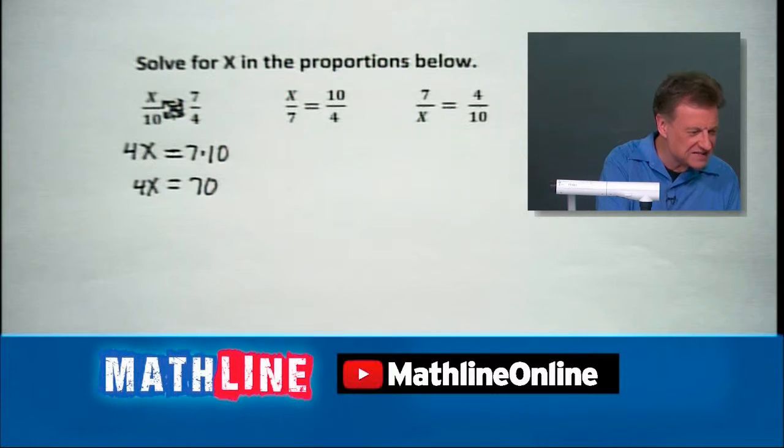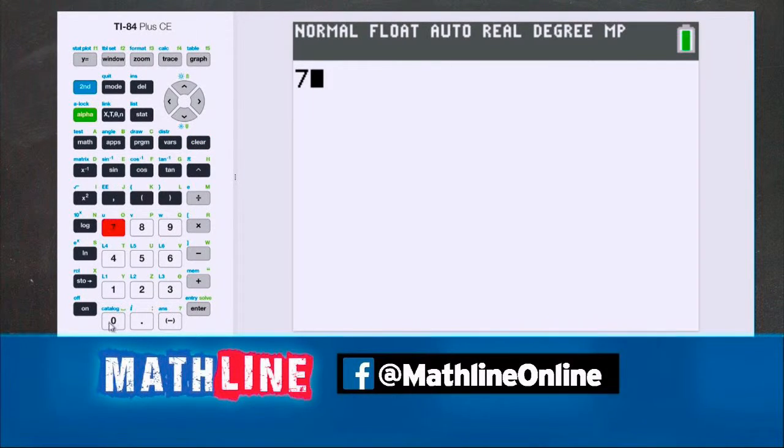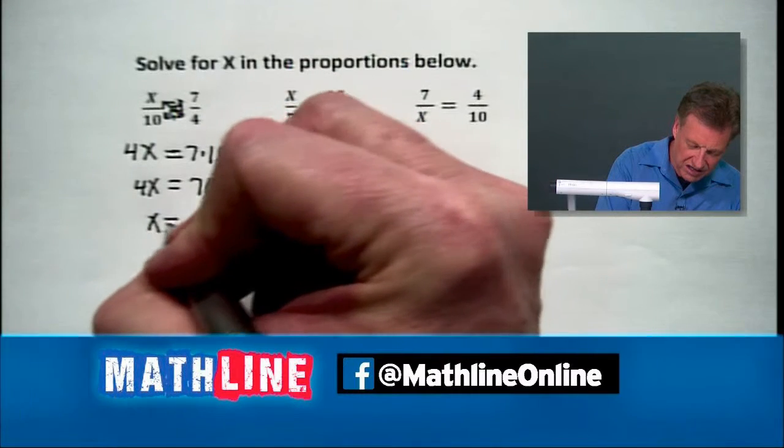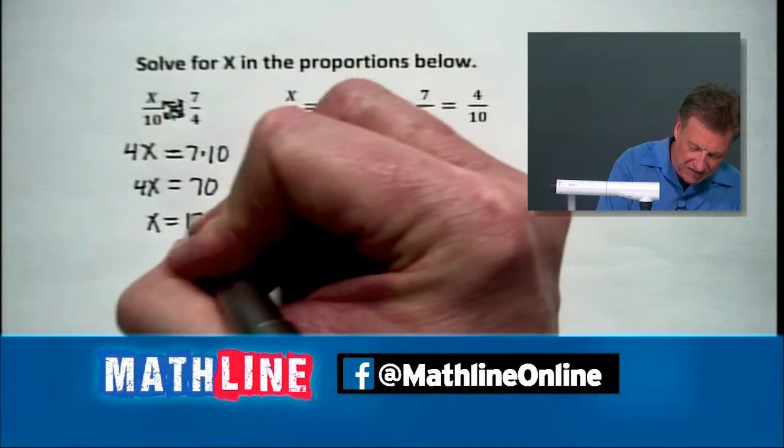Let's see what 70 divided by 4 will give us. You can do it with paper and pencil, but the calculator is just as much fun, if not more. It comes out fairly nice, but it is a little bigger number than we may have been expecting. 17.5. So our x value there is 17.5.